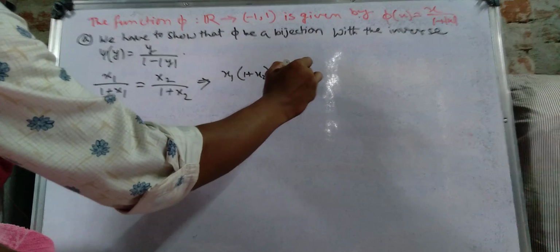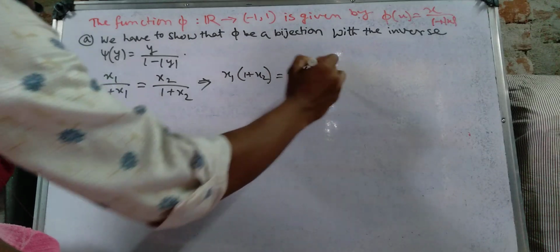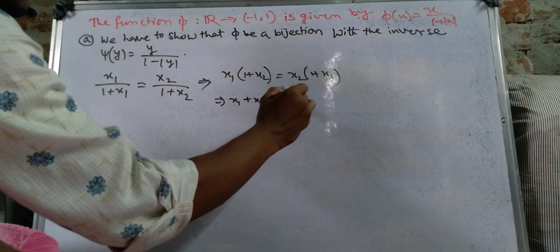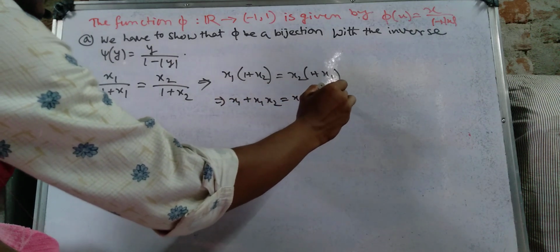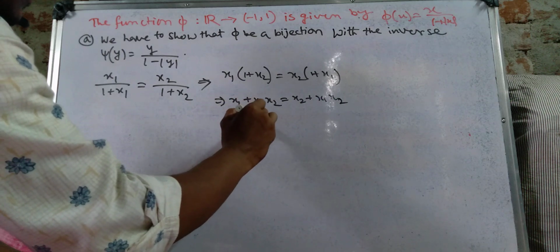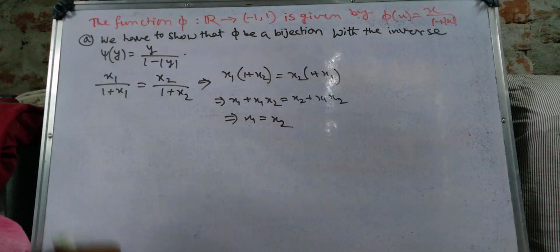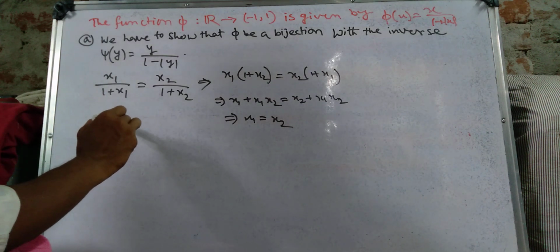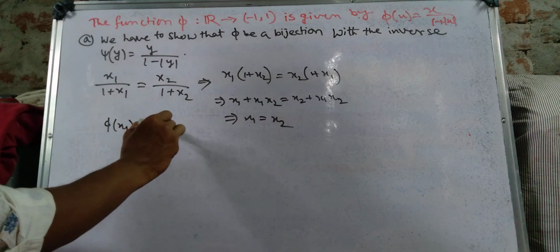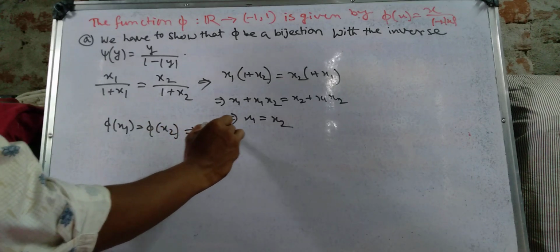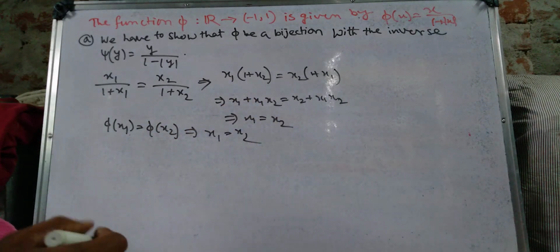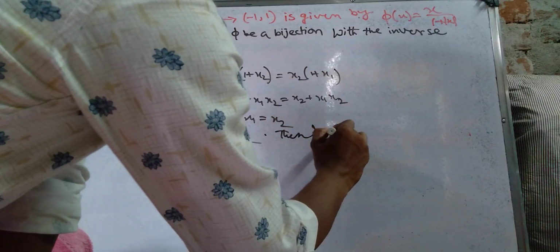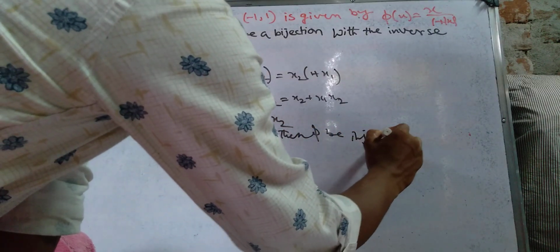So x2(1 plus x1) gives x1 equal to x2. So phi of x1 equal to phi of x2 implies that x1 equal to x2. Then phi is injective.